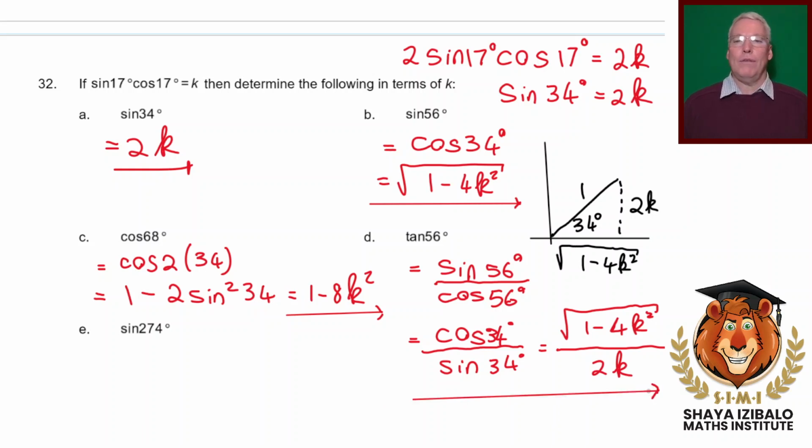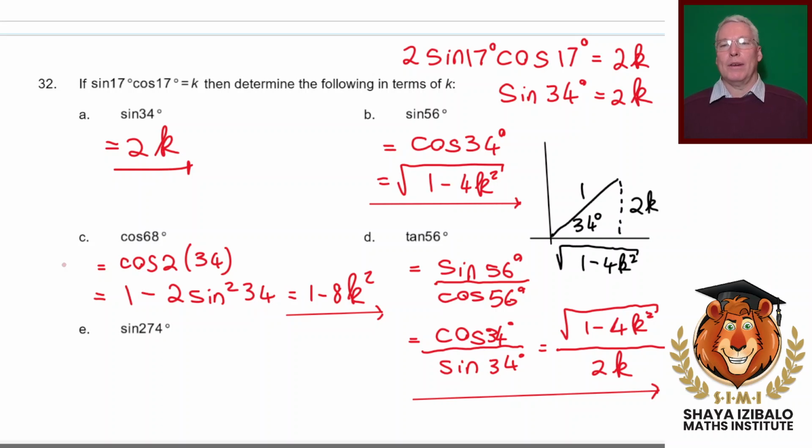Sine of 274, right? Well, at 274, let's try and think about where we are. We're 4 degrees away from a vertical axis. That's not necessarily all that helpful, but we are 86 degrees away from.